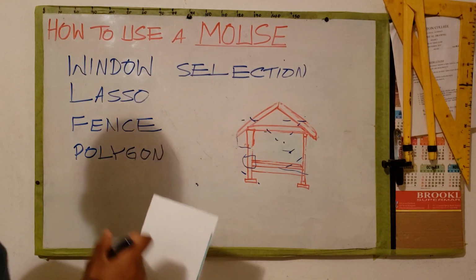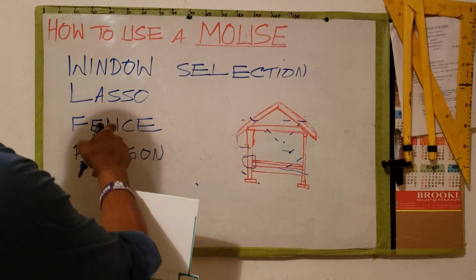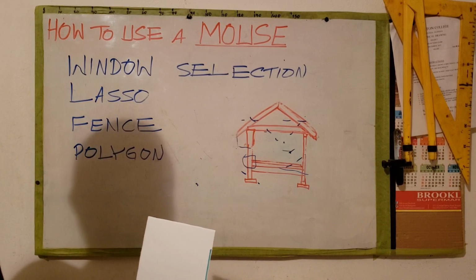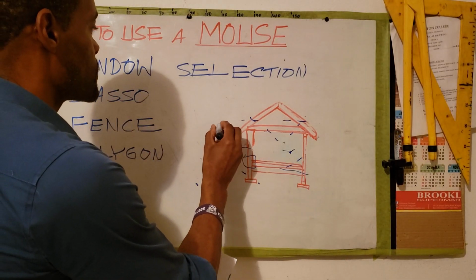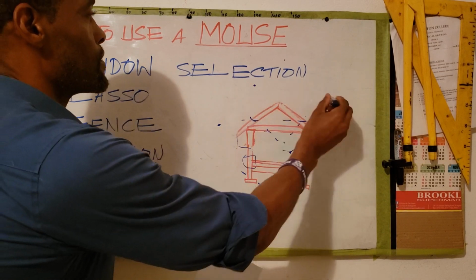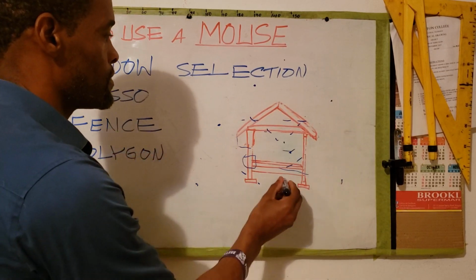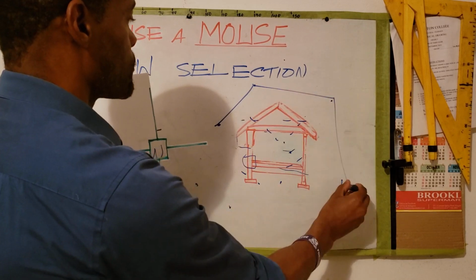And the last one is polygon. With polygon, it's similar to fence. Well, not necessarily, but with polygon, you basically click some points. You click here, click there, click there, and that pattern will be created.